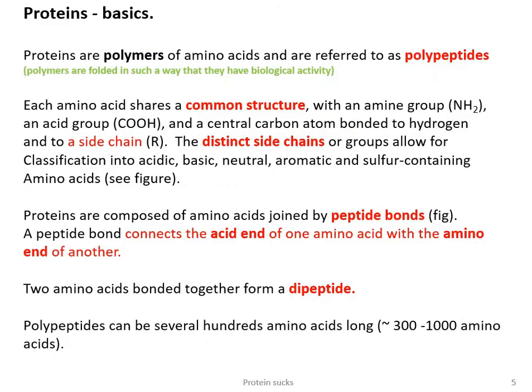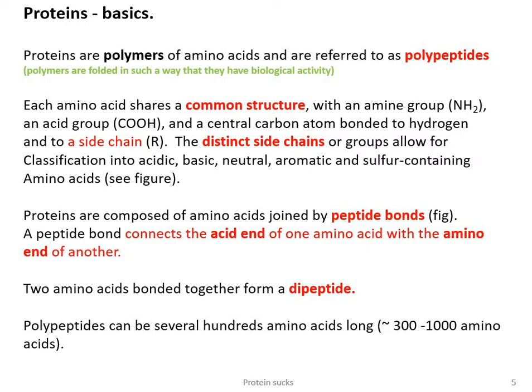Alright, so the basics of protein that you can find in any biochemistry books. It is basically polymers of amino acids, we refer to as polypeptides. Yeah, so the polymers are folded in such a way that they have biological activity.